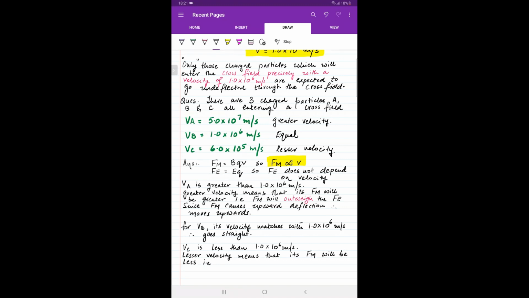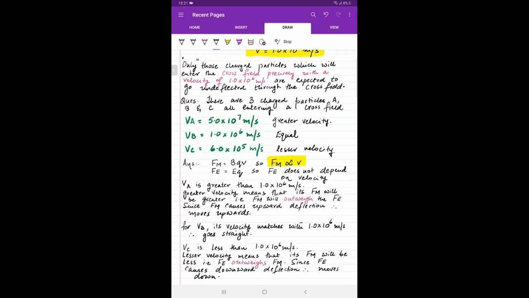That is, electrical force outweighs the magnetic force, since electrical force causes downward deflection, therefore moves down.